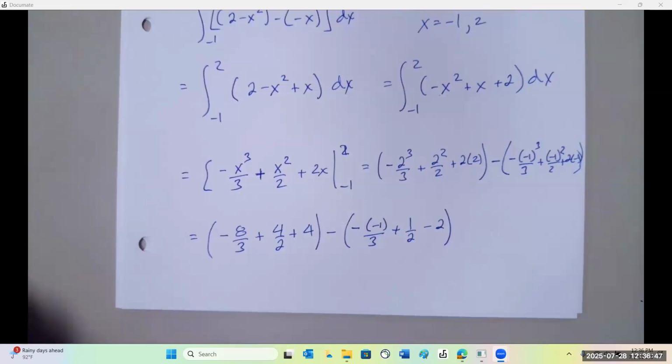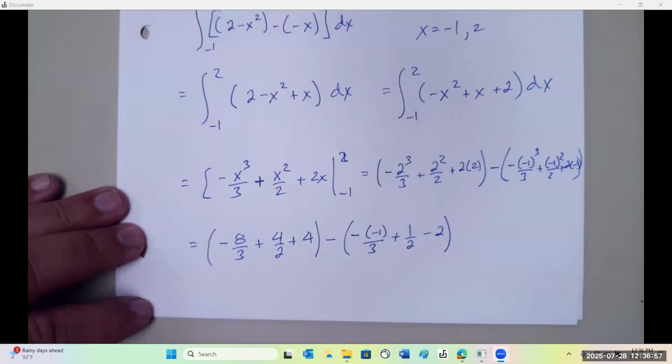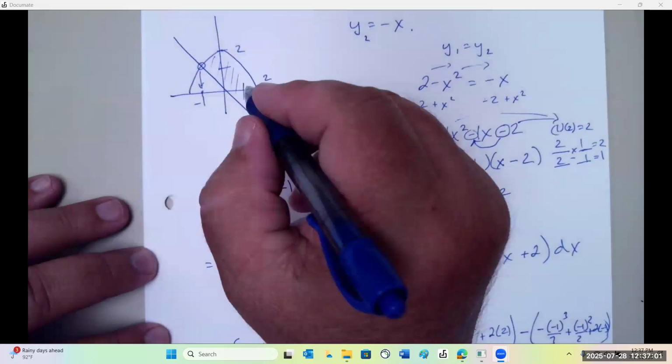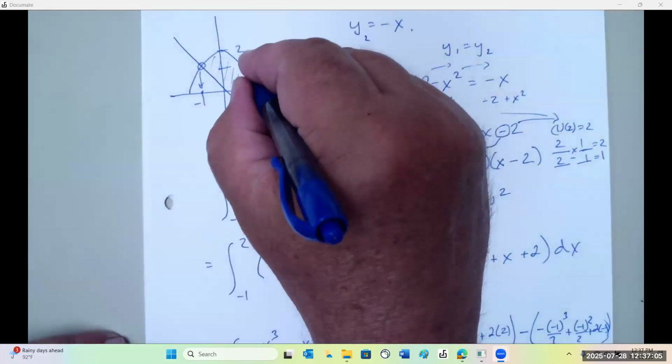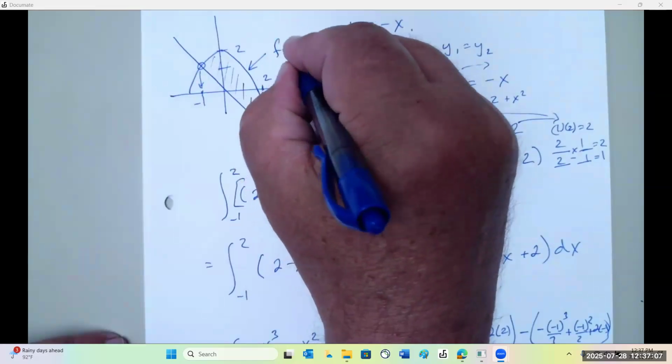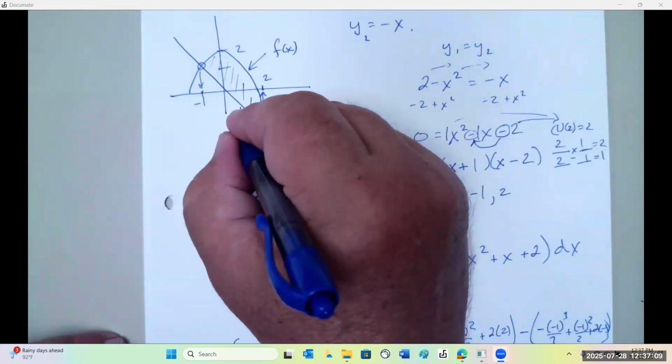Yes, one question before you continue. How did you get which one was the f of x and g of x within those two equations? Very good question. Because we're looking for the difference of the two, the higher equation is always f of x, and the lower function is always g of x.